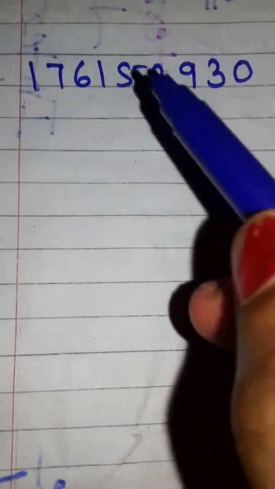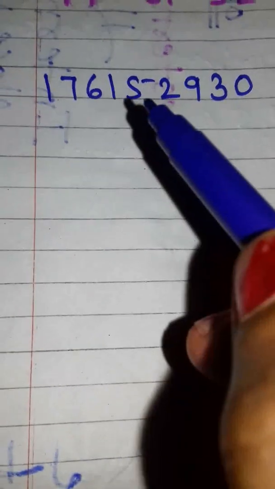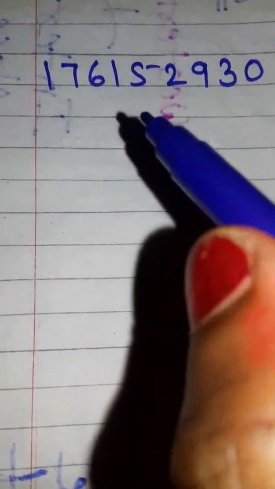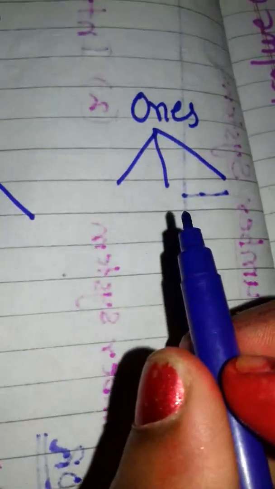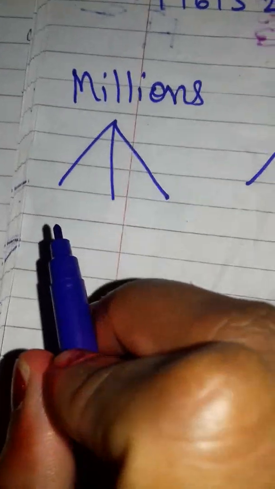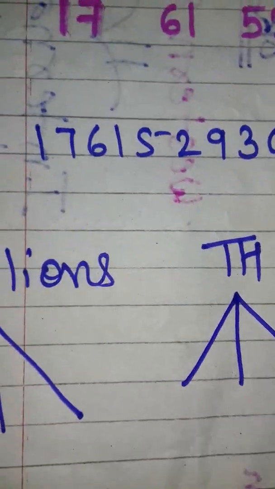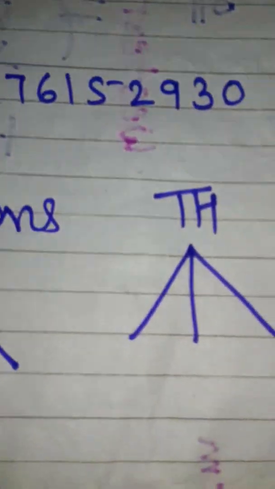Now let us take this large number which we took in the Indian number system again. How will we write this number according to the international number system, according to the international place value chart? The international place value chart says that each period has three places. So first let us underline the digits in the different periods.